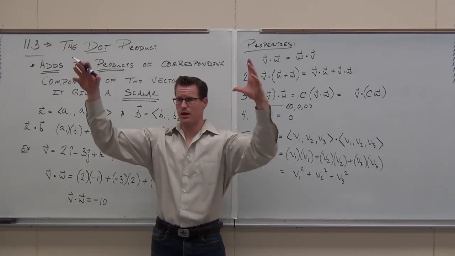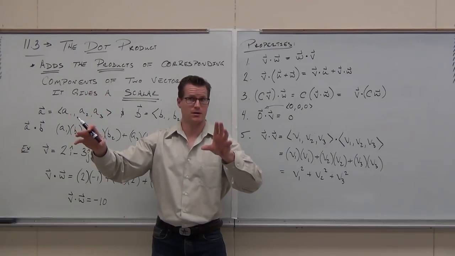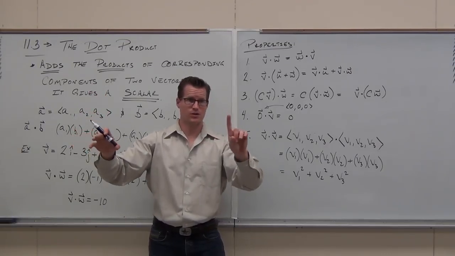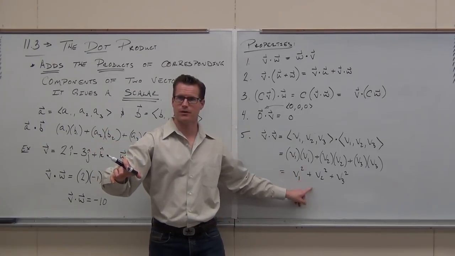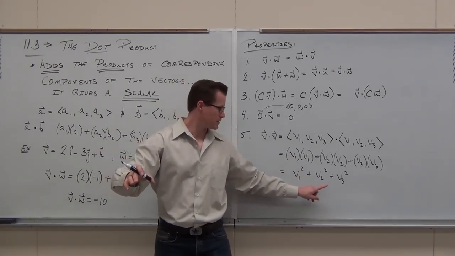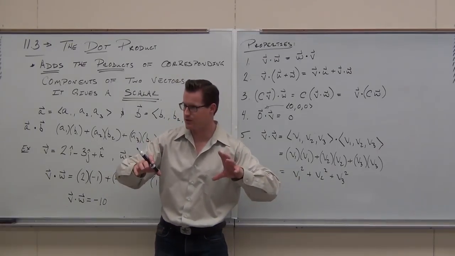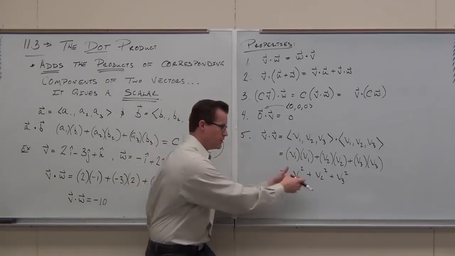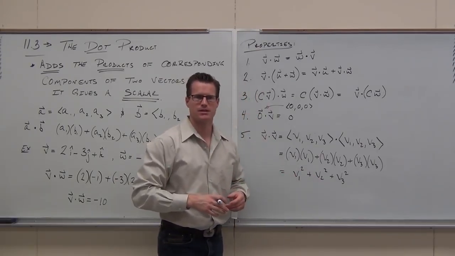Okay, you have a square root, and then inside the square root, what would be there? The x component squared, plus the y component squared, plus the z component squared. Exactly, this piece would be inside of the magnitude. This right here is the square of the magnitude. That's exactly what it is.